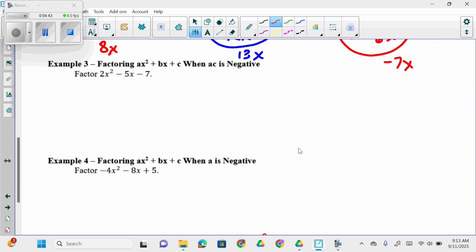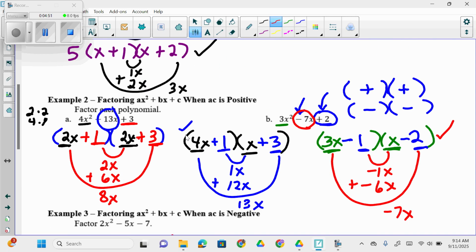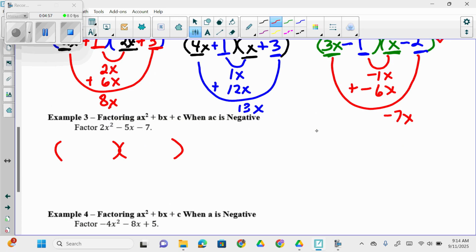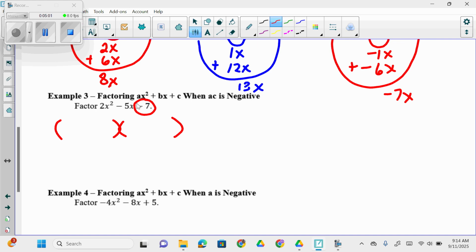All right, example 3. I want you to notice that when we set up our parentheses for this problem, as I set up above, when the last number is positive, the signs are the same. When this last number is a negative, that means my signs should be different. That means one of them is a plus and one of them is a minus.